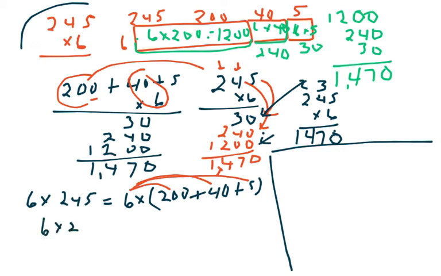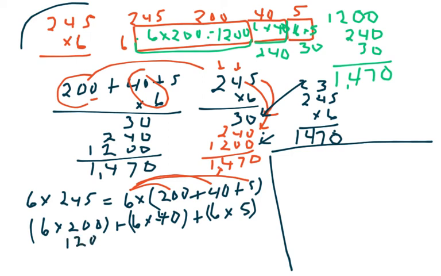So 6 times 200 plus 6 times 40 plus 6 times 5. Okay, so that's 1,200, 6 times 200, plus 6 times 40, 4 times 6 is 24, 6 times 5, 30. And you add these up, you get the 1,470. So there's another way, the distributive property.